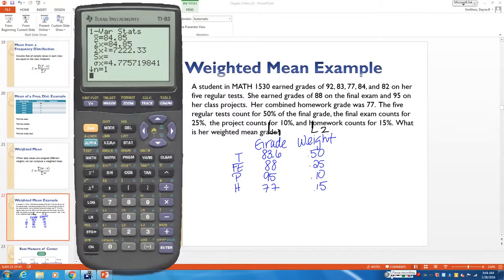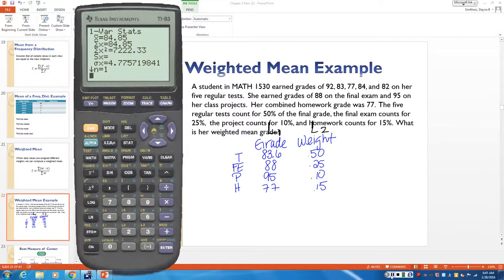So if you have the new calculator, you start at this same spot. You press Stat, just like before. Go over to Calc. You press enter. Now, you just follow directions. For the list, that's where I've got my list of numbers. That's in L1. My frequencies, that's the weight, that's in L2.